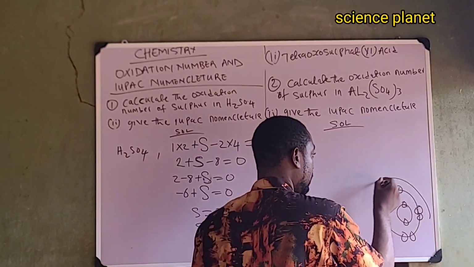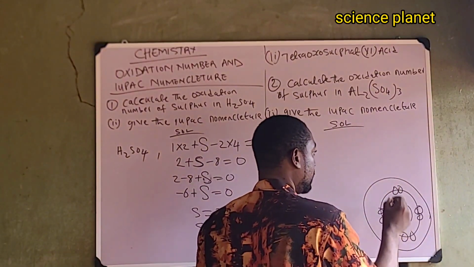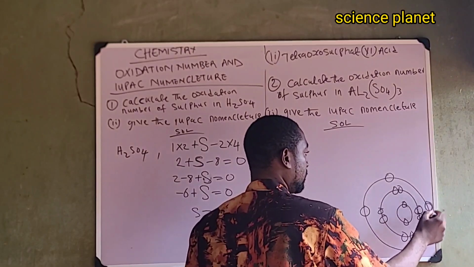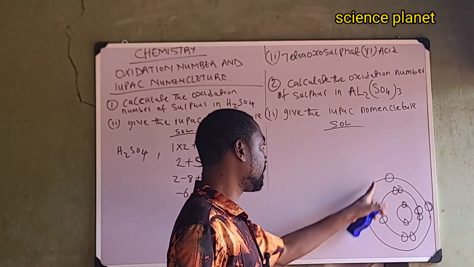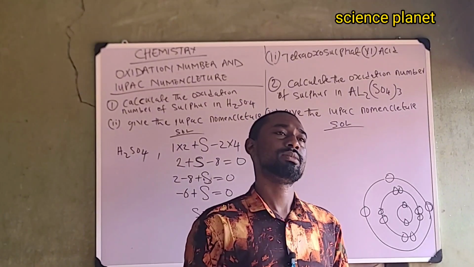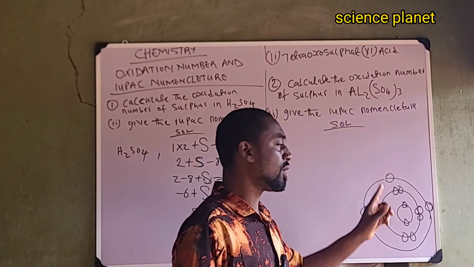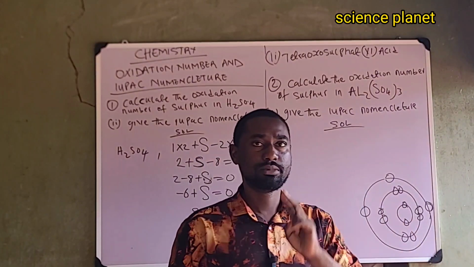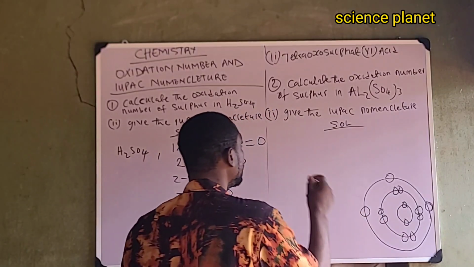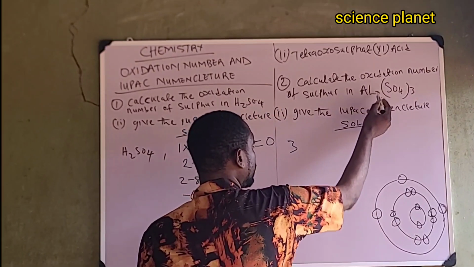So the last shell, 1, 2, 3. Since we have 3 valence electrons in the outer shell, it is plus 3. Remember what I told you. If you have 1, plus 1. If you have 2, plus 2. If you have 3, plus 3. Okay, so aluminium is 3.